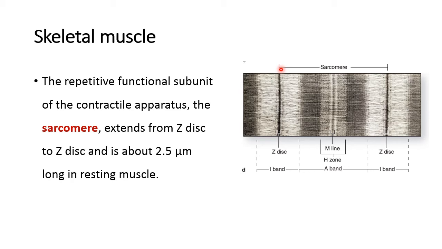This is the functional subunit of the contractile apparatus, which is repeated continuously along the myofibril. From Z disk to Z disk is the sarcomere, which is our functional subunit. Okay.